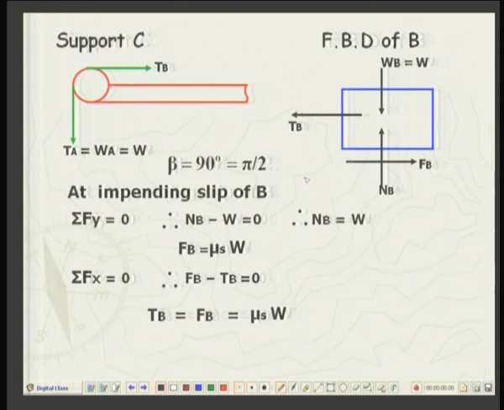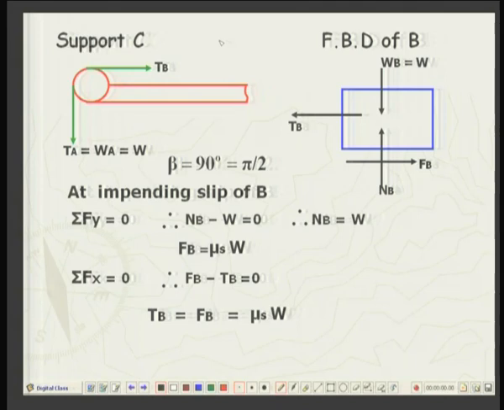So, if we consider the summation of forces in the y direction equal to 0, then it is easily seen that NB is equal to W. Okay. And also from Coulomb's third law for dry friction, we know that at impending slip the force of friction FB on the block B is equal to mu times the normal reaction. So, mu s times W.